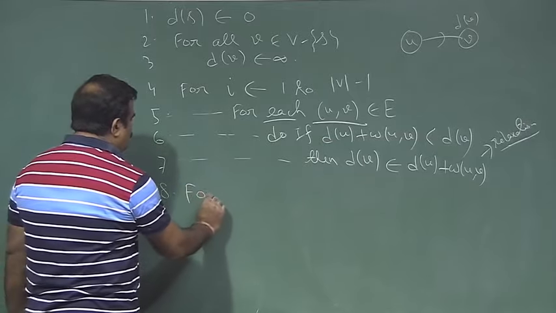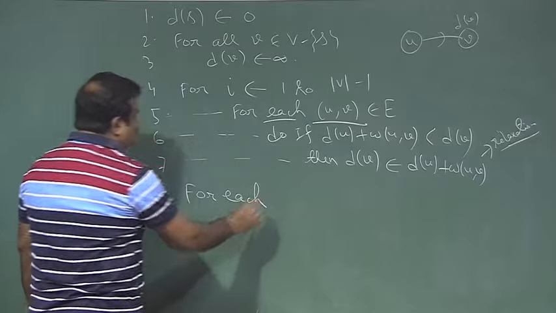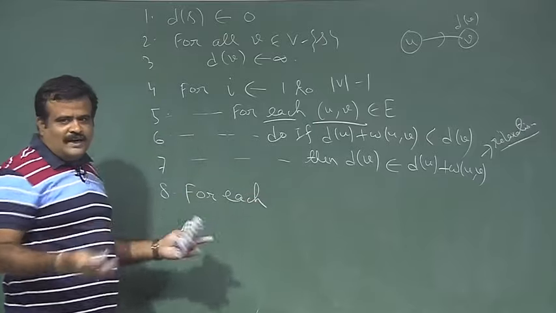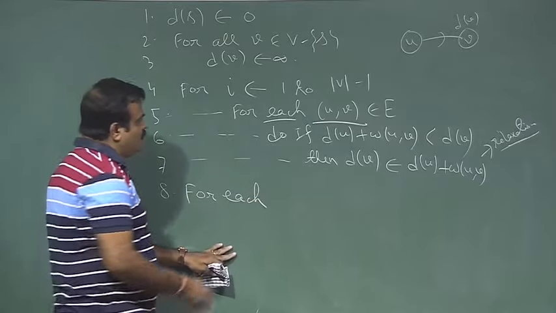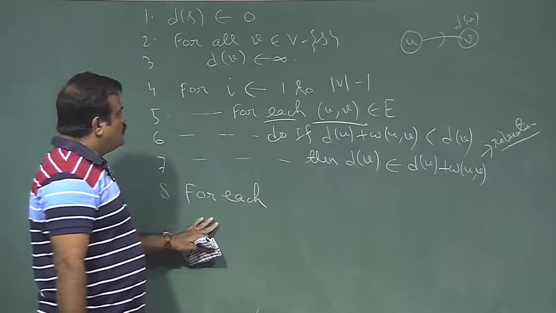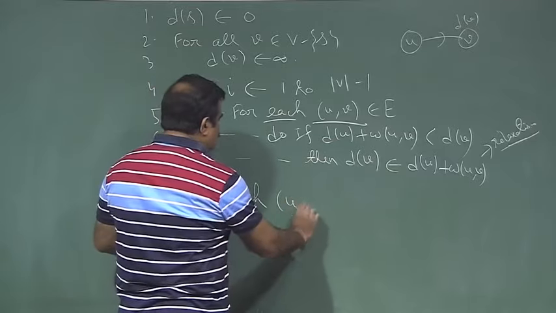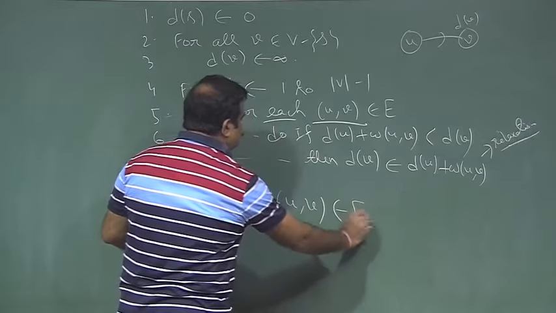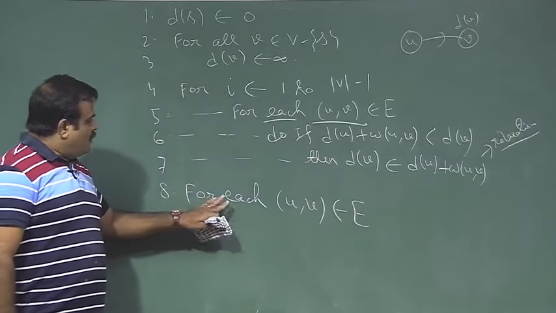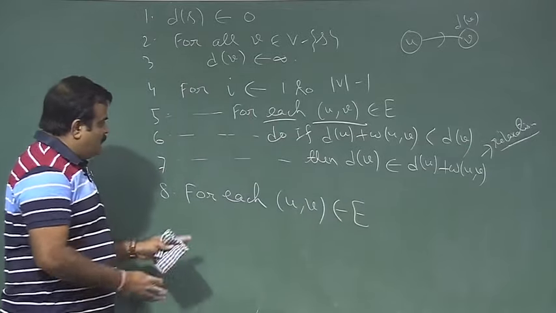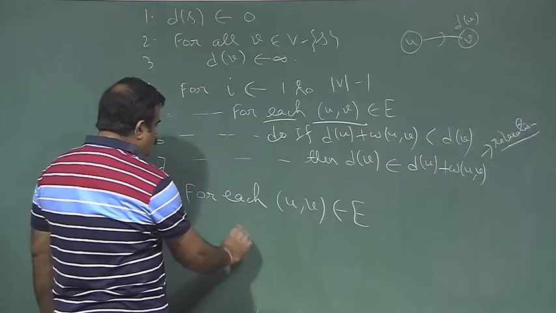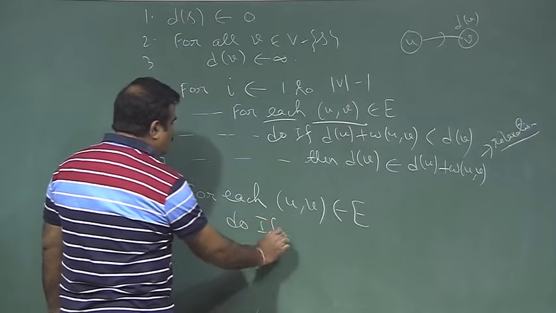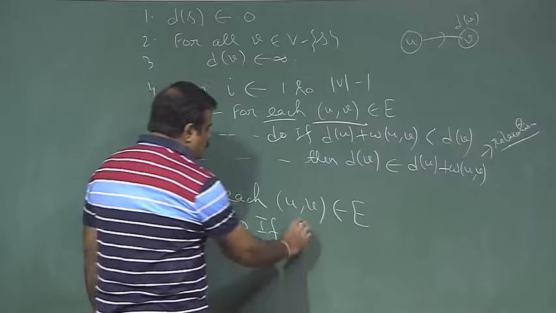So this is the last step for each vertex. If there is no negative cycle, then there is no meaning of this step, but anyway we have to have this step in order to check for a negative cycle. Now, for each edge, this is the last time, the final checking.